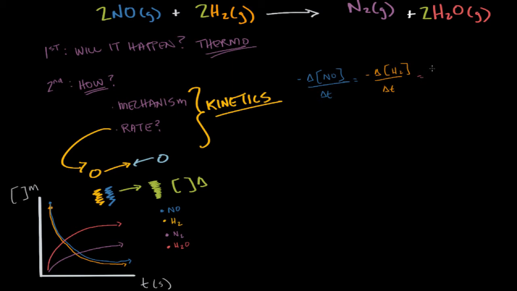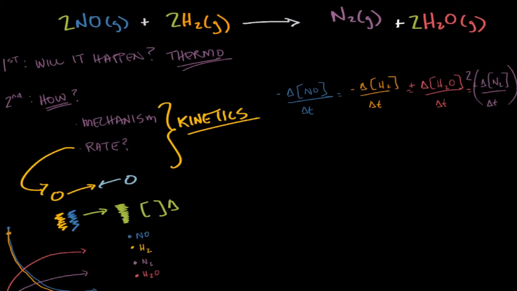So the rate of that consumption is equal to the change in concentration of our water vapor over time, so the rate of production, and it's equal to 2 times the change in concentration of our nitrogen gas over time. So the rate of our nitrogen gas production, that's a positive value, multiplied by 2, because the other rates are equal to 2 times the production of our nitrogen gas.